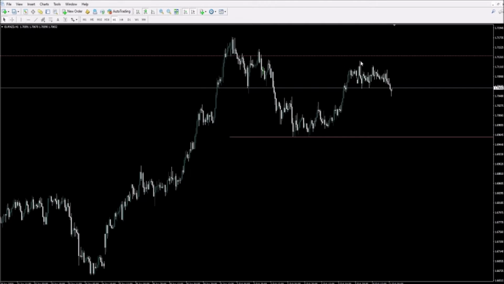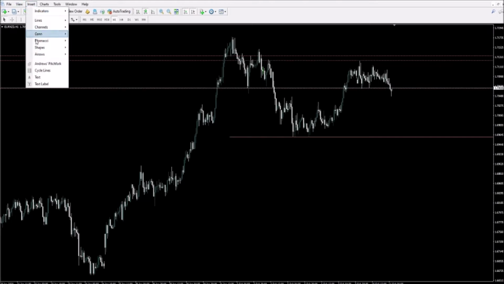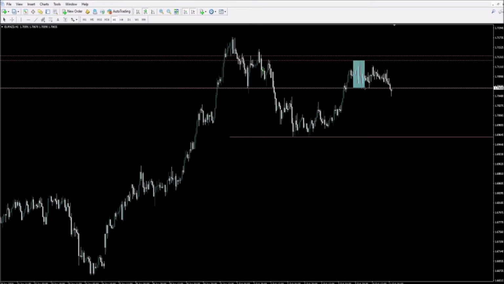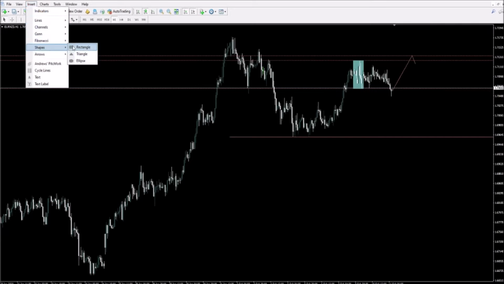So we have Monday's range high coming in here, Monday's low. So let's just box that off. What I'd like to see is one more little push up, clear out these stops, and I'll look for a selling opportunity around this level.